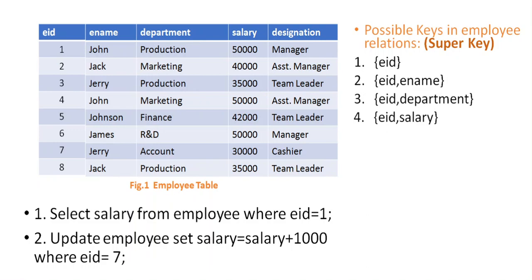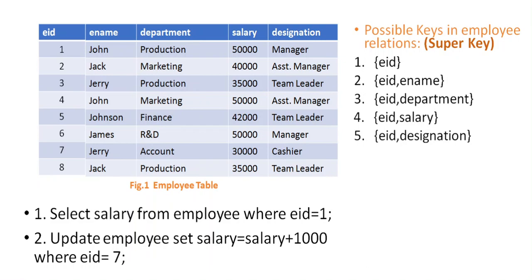If you write a query like this, select ename from employee where employee ID equals 1 and salary equals 50,000, then it will give you the exact row, okay, because employee ID is unique. So here again we have another key like employee ID and designation.